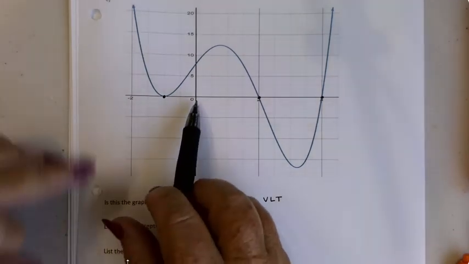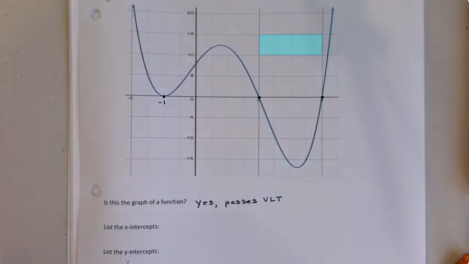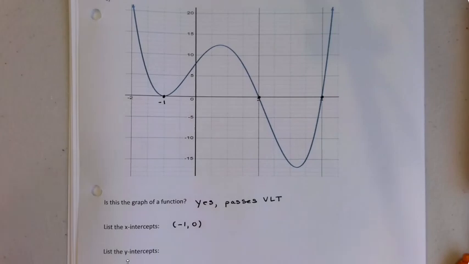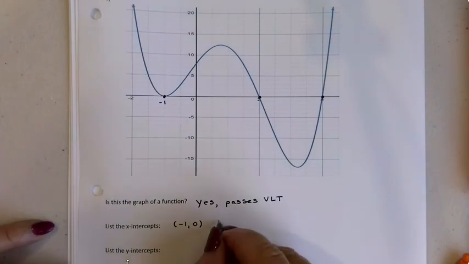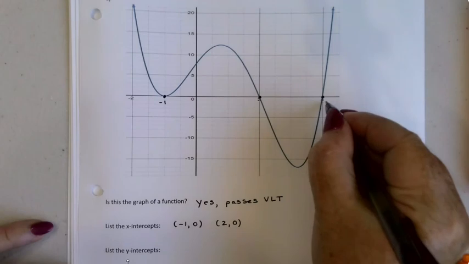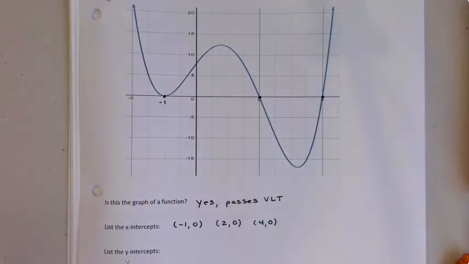So let's see, halfway between 0 and -2, so it looks like that one's at -1. Its coordinates would be (-1, 0). That one clearly is at x = 2, so (2, 0). And the last one over here at (4, 0).